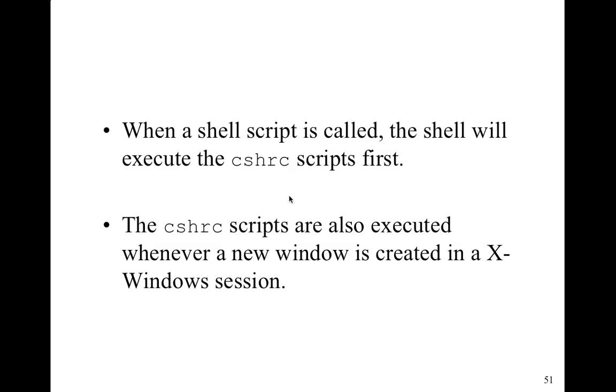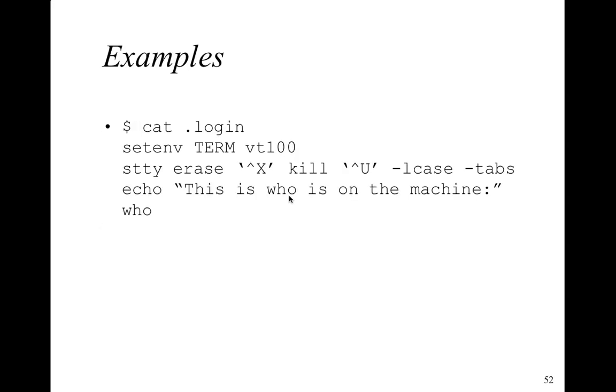So when a shell script is called, the shell will execute the shell script that's going to be run to set the environment. The shell script itself will also execute whenever a window is created in an X Windows session, which is the equivalent of clicking on a terminal icon and going to a terminal window from X Windows. Here's an example of what a typical login script might look like.